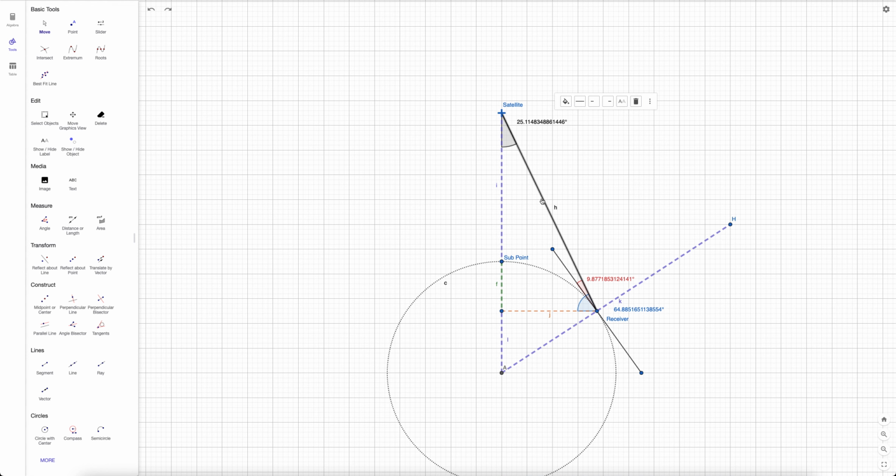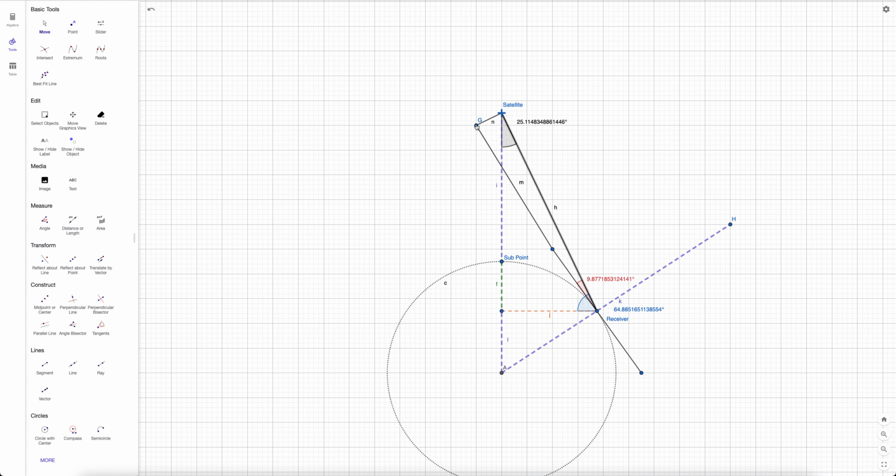That is its hypotenuse. This other line here that I just drew in a second ago, it's then still going to be using this line and this line, which is still going to put the subpoint of the satellite out here somewhere.